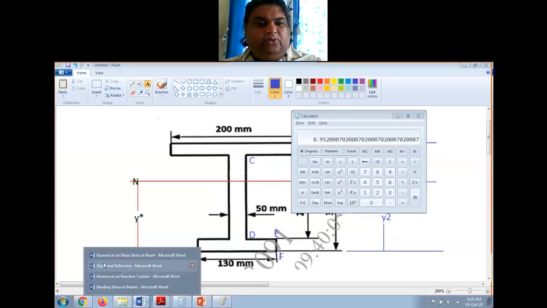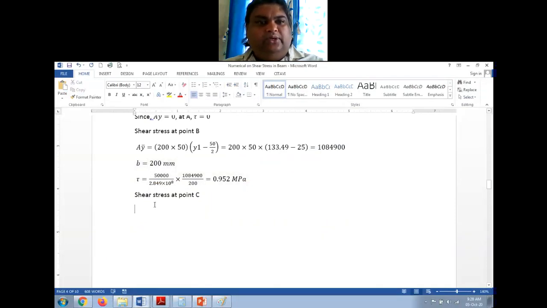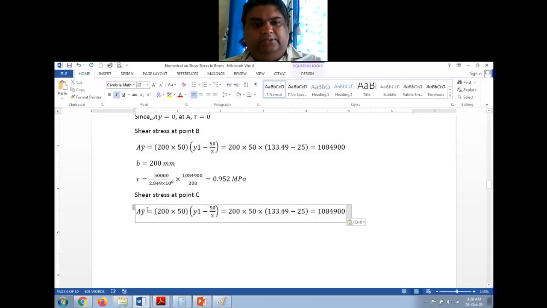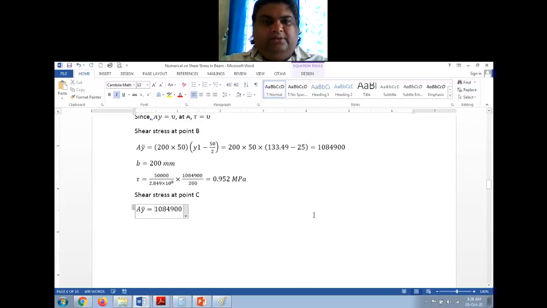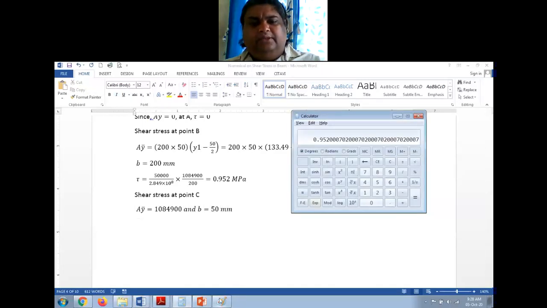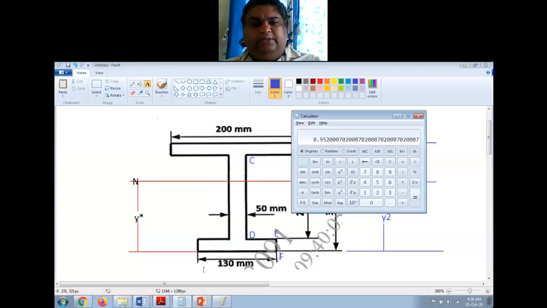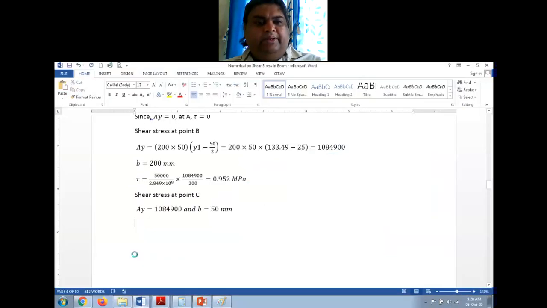So that is the only change you have to make in this. Here AY bar is this, I'll directly give the value of that, I'll not write everything. And B is equal to 50 mm. You got that? From here y is same, only the width is changing. Rest all things remain same.